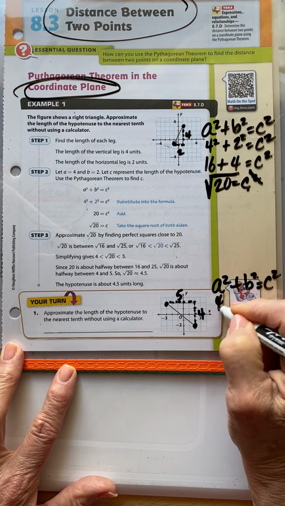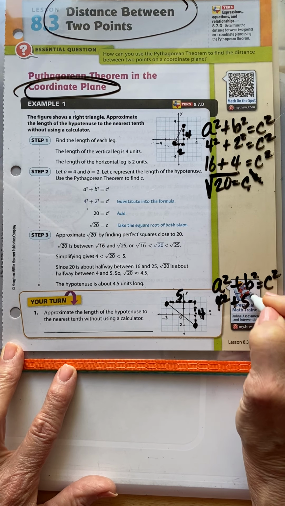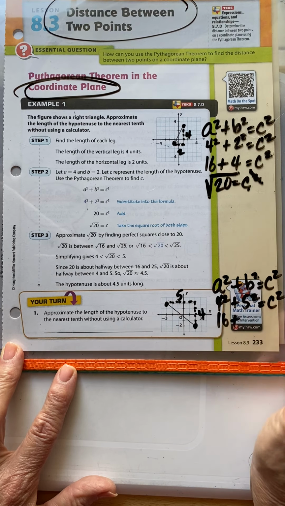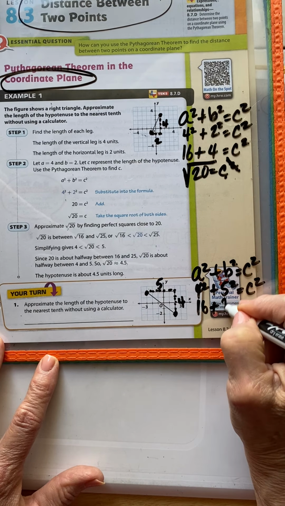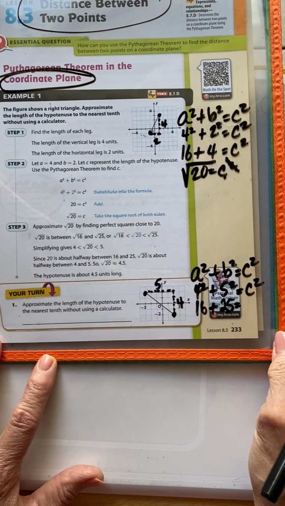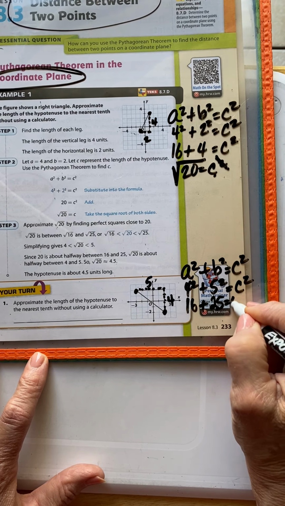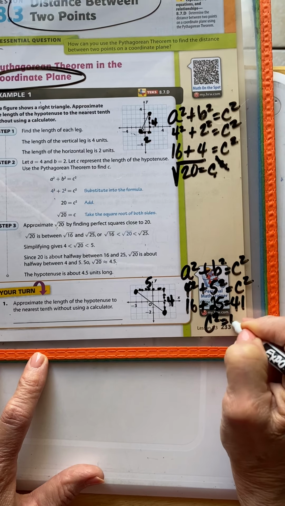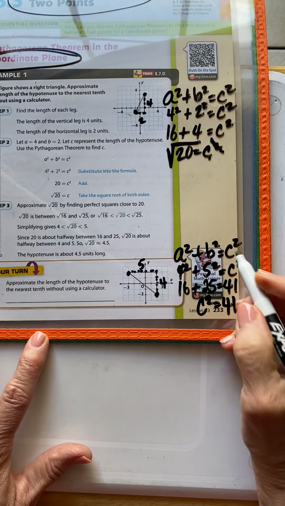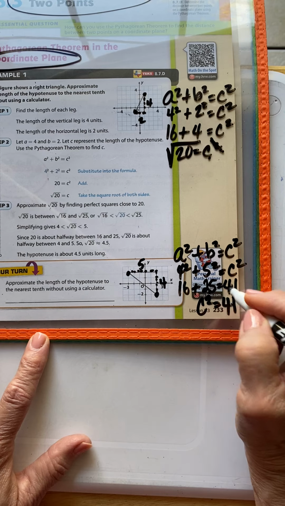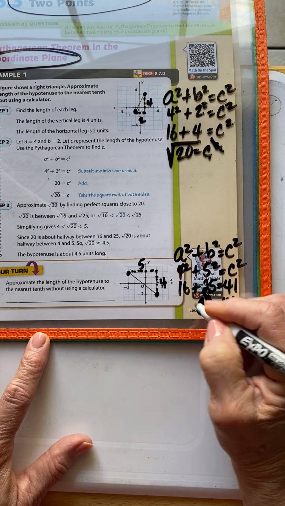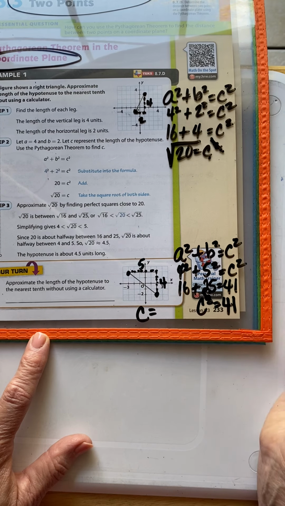Again, 4 squared plus 5 squared equals c squared. 16 plus 25 equals what? 41. So c squared equals 41. So the square root of 41 would give us C. To mark off, we just want the value of C by itself.